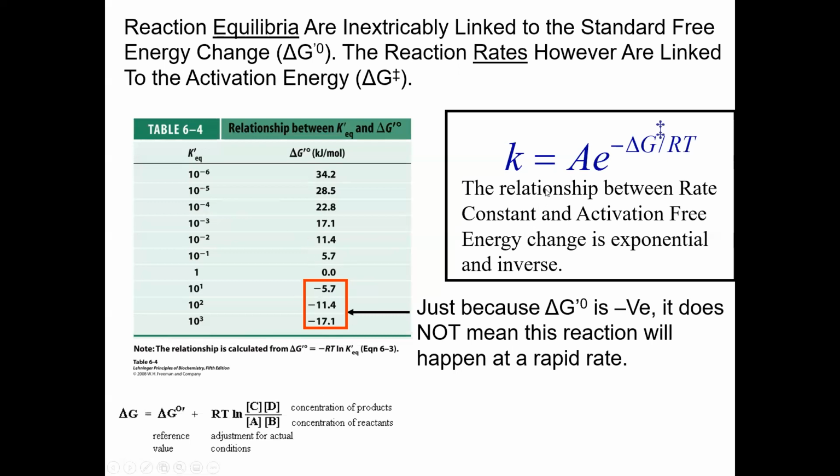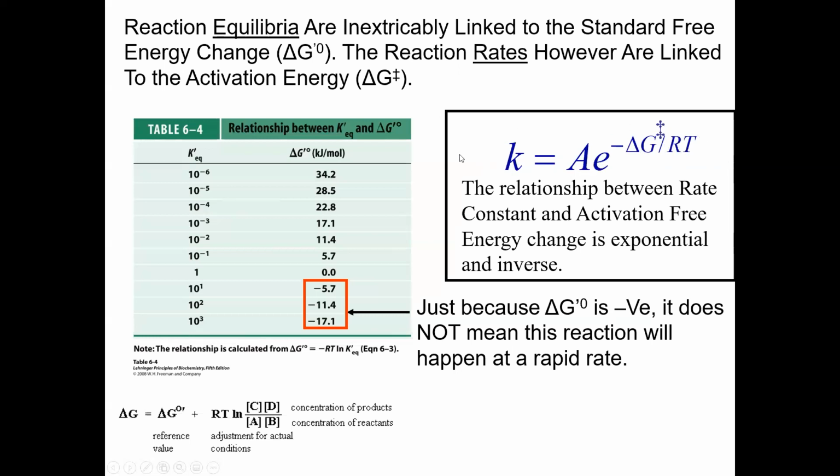So what about kinetics? Kinetics is rate, and it is represented by rate constants. Rate constant, lowercase k, we write, right? And this is the Arrhenius equation, if you remember from your general chem class, k is equal to A e to the power minus delta G double dagger divided by RT.